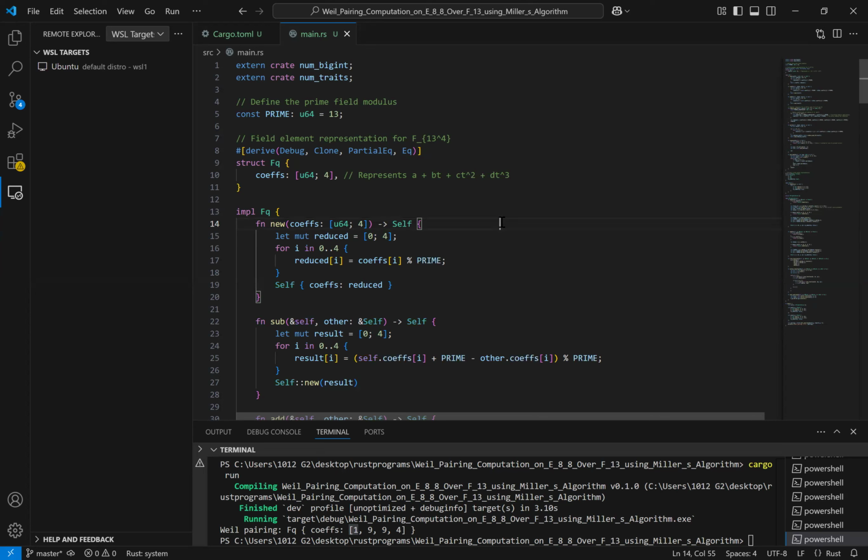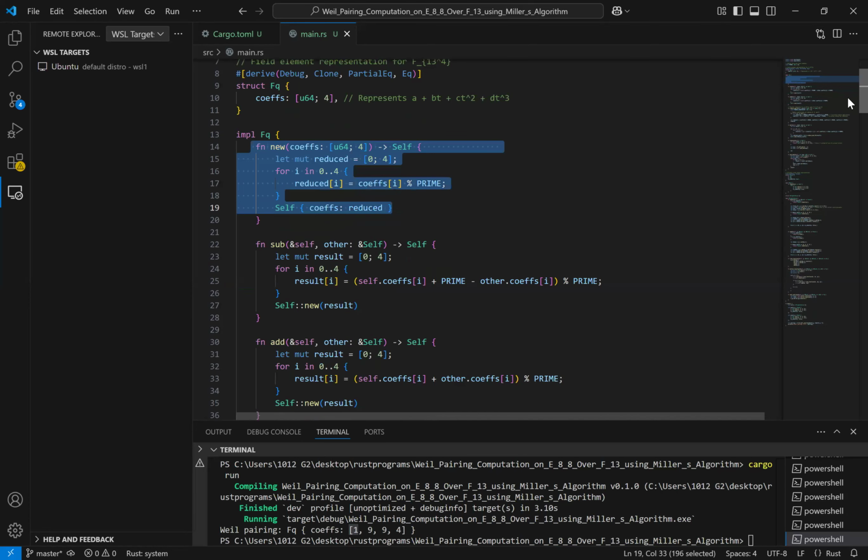So the polynomial is very important here, so that all our powers will be in the range 0 to 3: 0, 1, 2, 3.